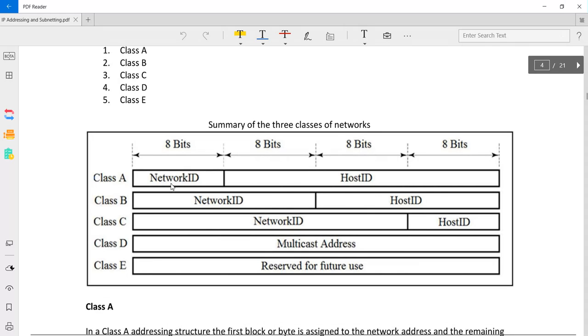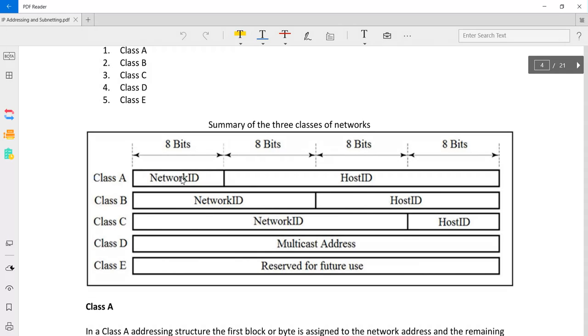Now when you have 3 machines and their network ID is the same, then these machines can communicate with each other. Very simple IP rule. If you have multiple machines and they have the same network ID, then they can communicate with each other. And if they have different host IDs, that does not matter.